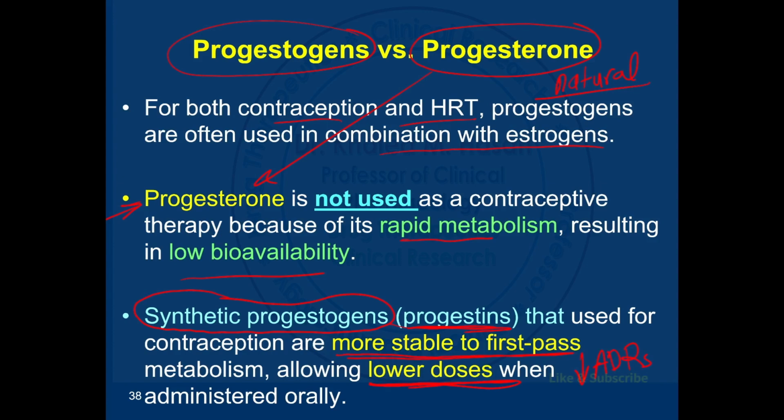So this gives us some information about progesterone and progestin. Progesterone is natural and we don't use it in practice due to rapid metabolism and low availability. We go with progestin, synthetic progesterone, because it's more stable in first pass metabolism and allows using a lower dose with effective results.